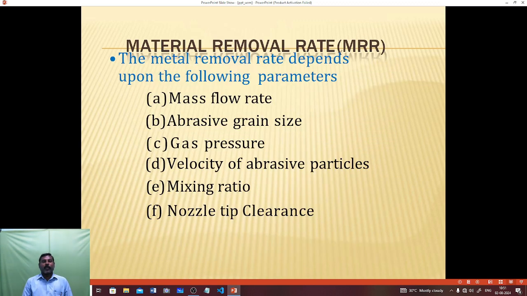The metal removal rate is dependent upon the following parameters: mass flow rate, abrasive grain size, gas pressure, velocity of abrasive particle, mixing ratio, and nozzle tip clearance.